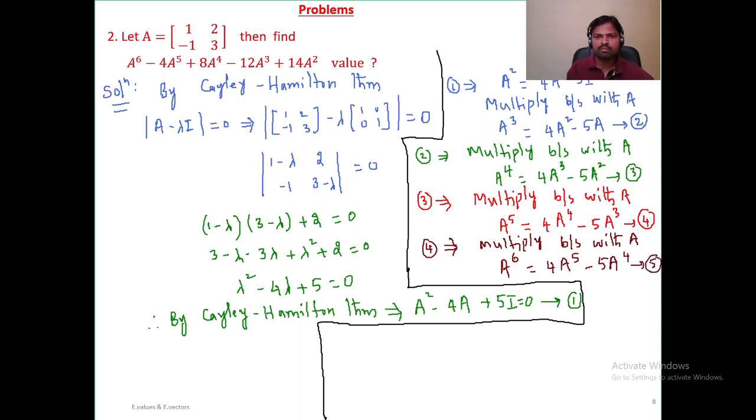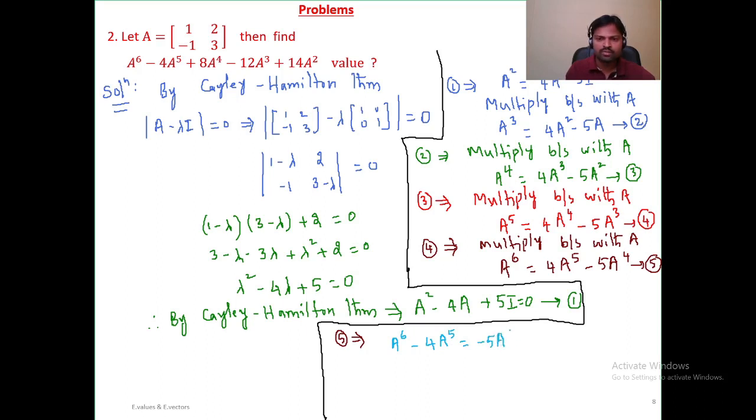So here we will play now. Look at A to the power 6 minus 4A to the power 5. On the right hand side, plus 4A to the power 5 is there, you bring it to the left hand side, so that minus 4A to the power 5 is the required term. We need to be very cautious about what terms we send to the left hand side.